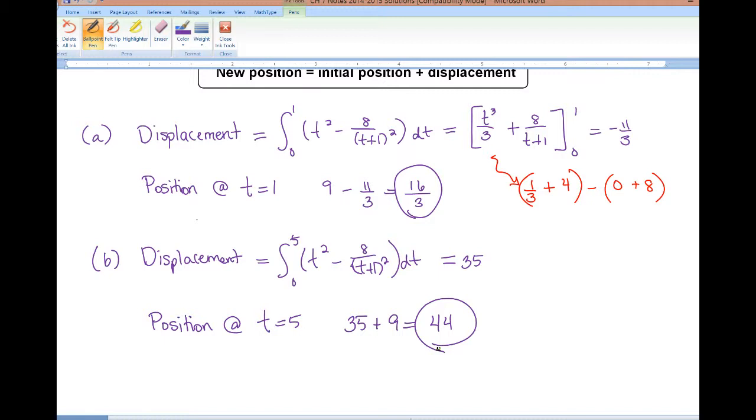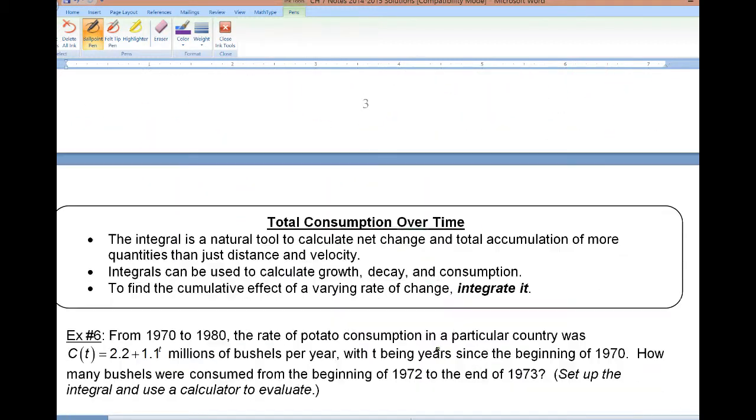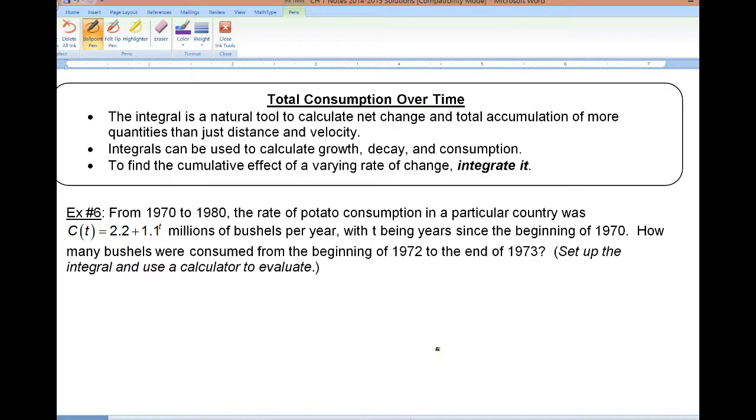I know, this is long. It's not bad, it's just a lot. We know how to do it.